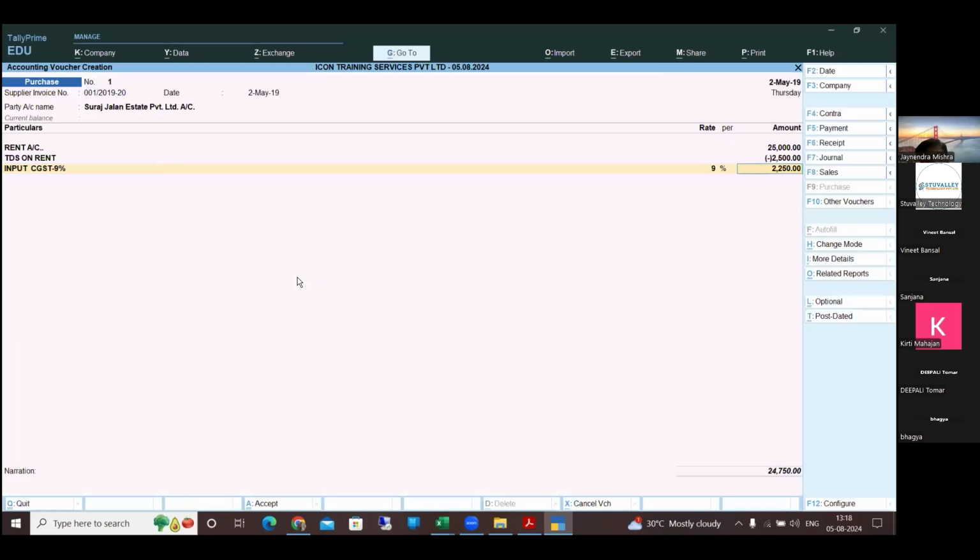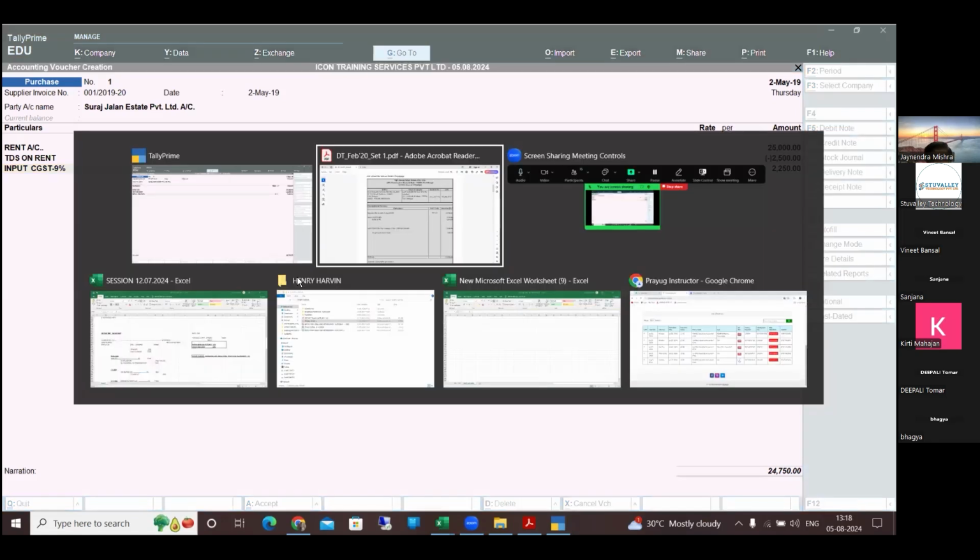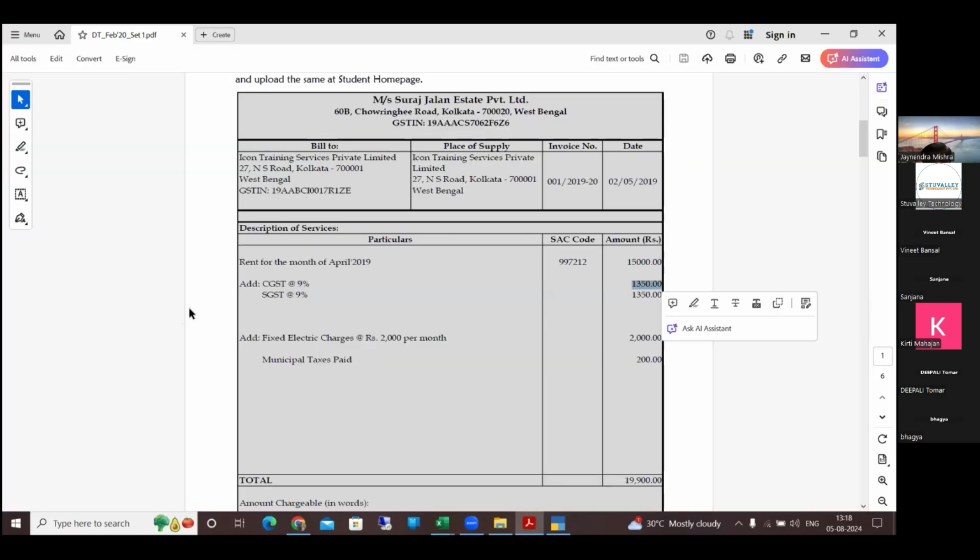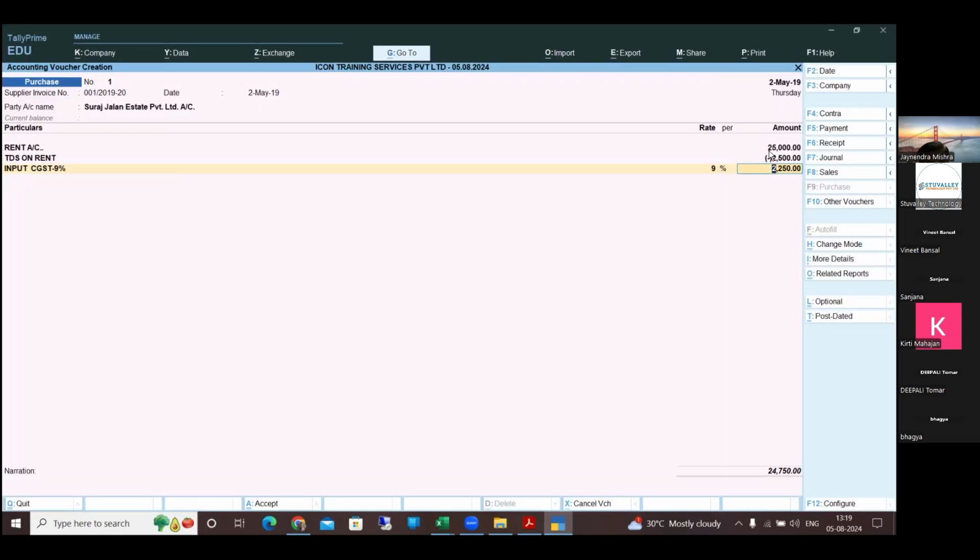See, friends, GST is auto calculated. Now GST as per invoice and here will differ. Why is it different? Because this 9% is applied on 15,000 and our 9% is applied on 25,000.